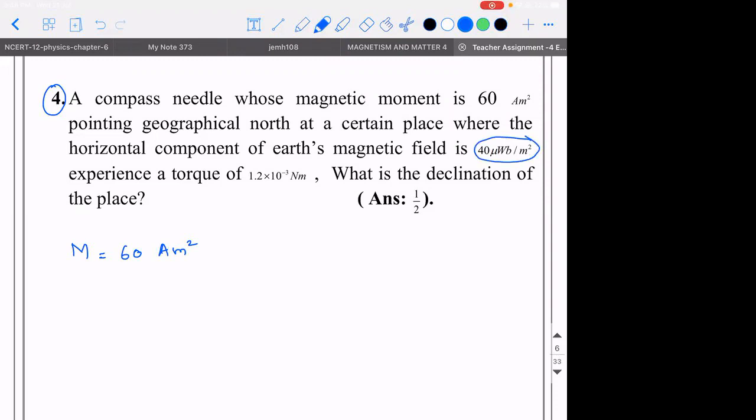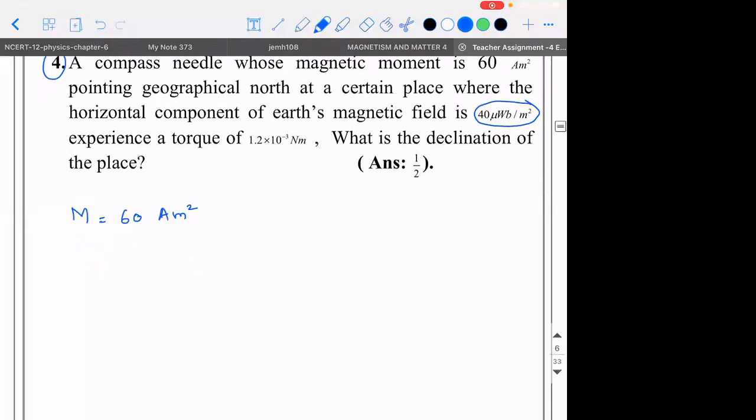I hope you remember, when I explained magnetic induction, I told you it is measured in Tesla or Weber per meter square. So the Earth's magnetic field can be taken as 40 into 10 power minus 6 Tesla also. Weber per meter square is the same as Tesla.